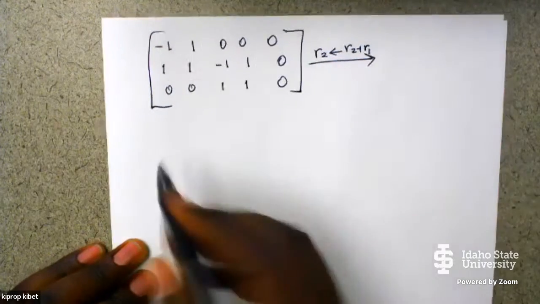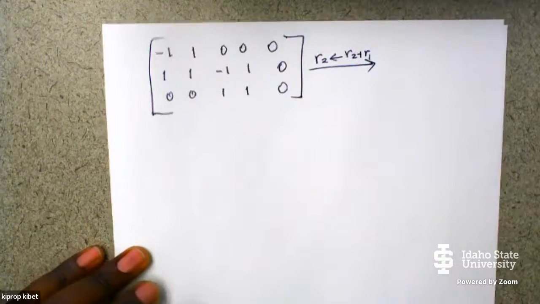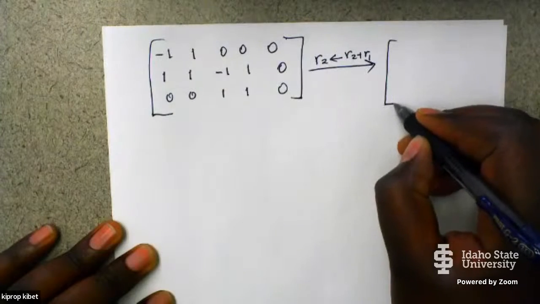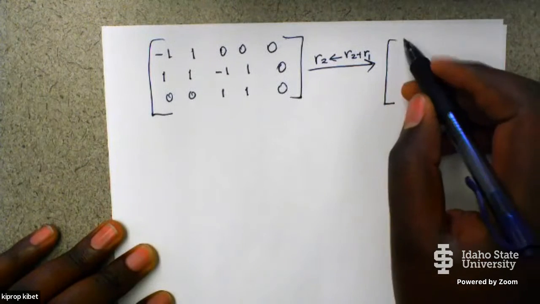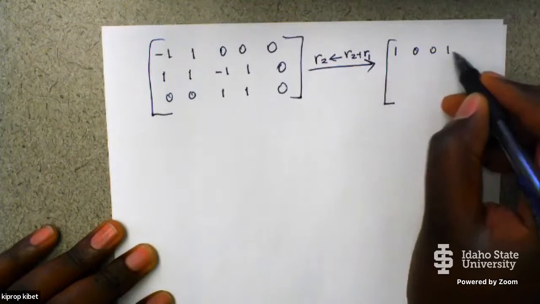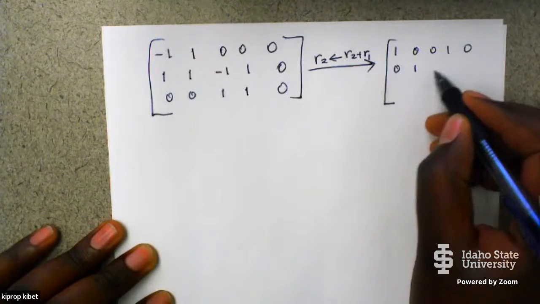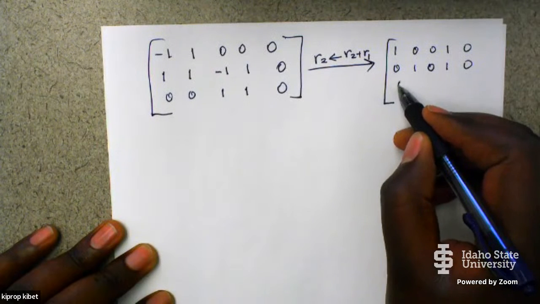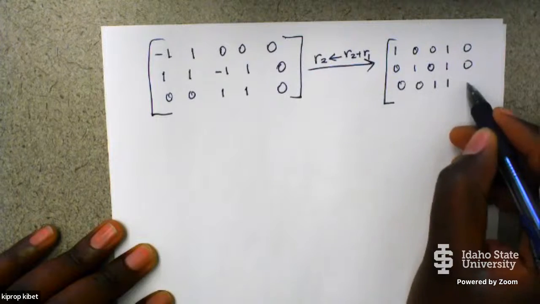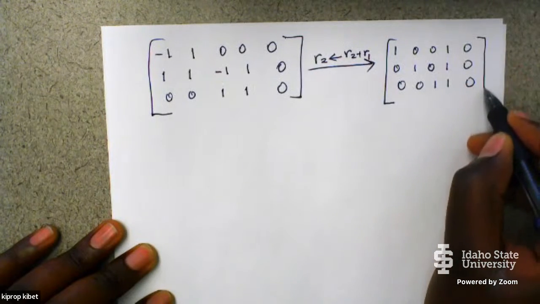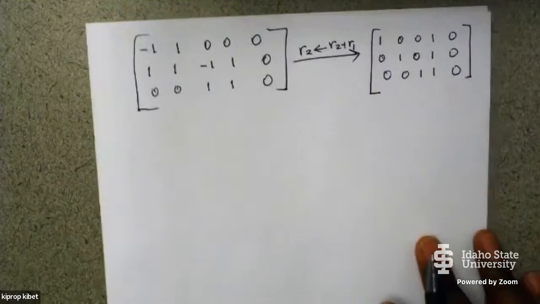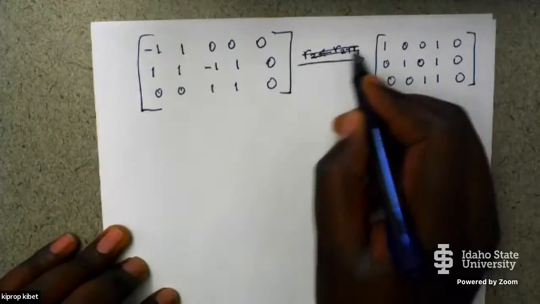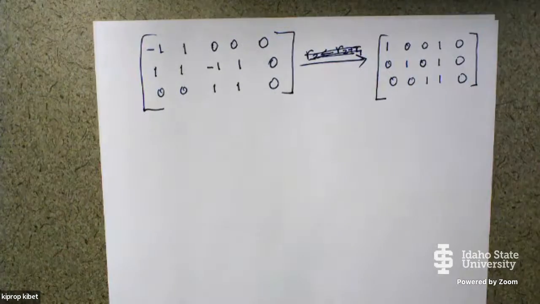You can go solve this one at home. What you should get when you reduce this completely is 1 0 0 1 0, 0 1 0 1 0, and then 0 0 1 1 0. So that is what you should get when you reduce completely.